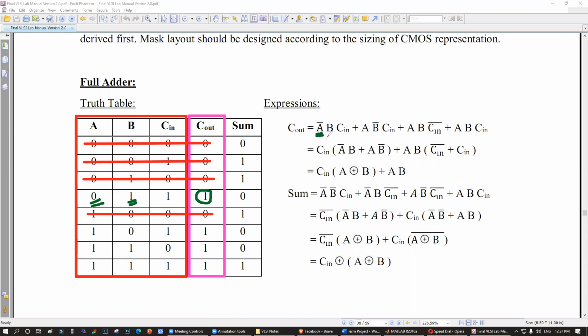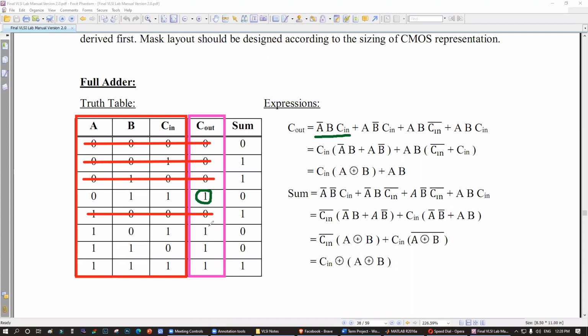So that's why B, not B bar. That means for 0 there will be a bar, for 1 there will be no bar. For C in, what is the condition? 1. So no bar, right? So our first expression is done: A bar B C in.